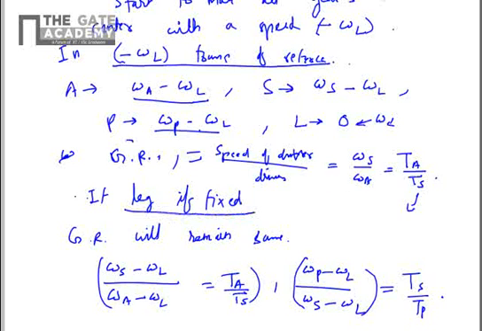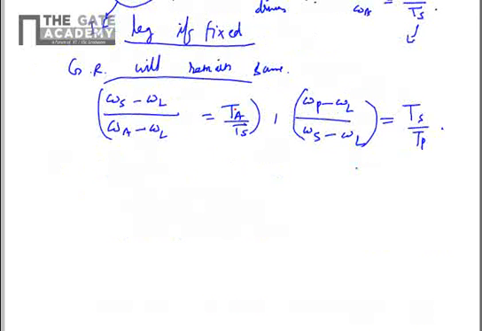You can determine the gear ratio for the case where the leg is fixed, then determine the angular velocity in the minus omega L frame of reference. And since the gear ratio will remain the same, you can form the equation for angular velocities. And since you know Ta by Ts, you can solve these things. So normally, omega L and omega S will be given, and you have to solve for omega A here.